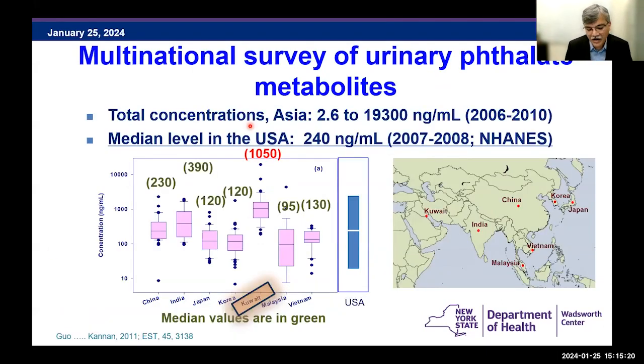So I told you we started our biomonitoring research almost 25 years ago. And as we were building the capacity and the capability around 2010, 2009, we built this phthalate metabolite method. And at the time, not much was known about exposure to phthalates in Asian countries.